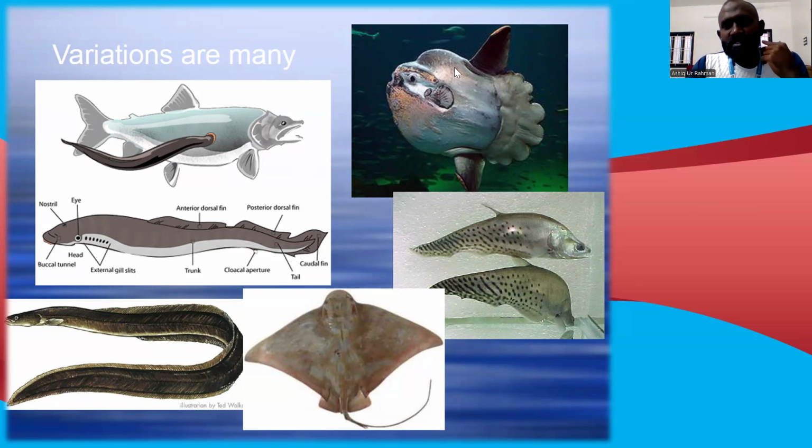Okay, if you see the sunfish, one cannot say that it is a fish, right? It doesn't even look like a fish. It only has the dorsal fin and the other one on the ventral side. Even a pectoral fin is present, right? There is no distinct caudal fin.